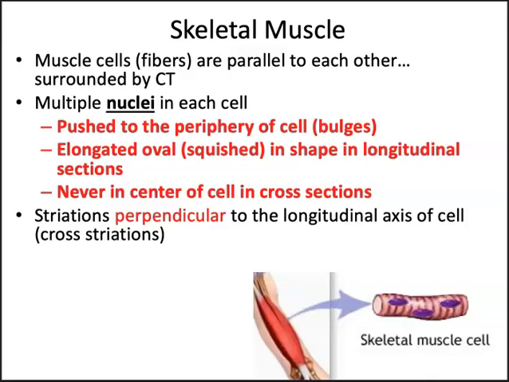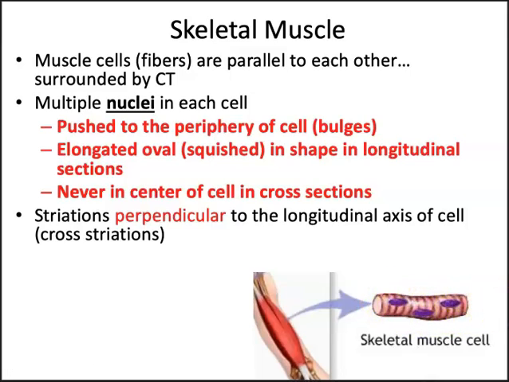That's weird, right? We don't usually see that in most cells, but that does happen here in skeletal muscle cells, and that happens because of the way that the muscle cells are formed. They're actually formed from multiple cells that fuse together. And so those nuclei then get pushed to the outside, the periphery of the cell.